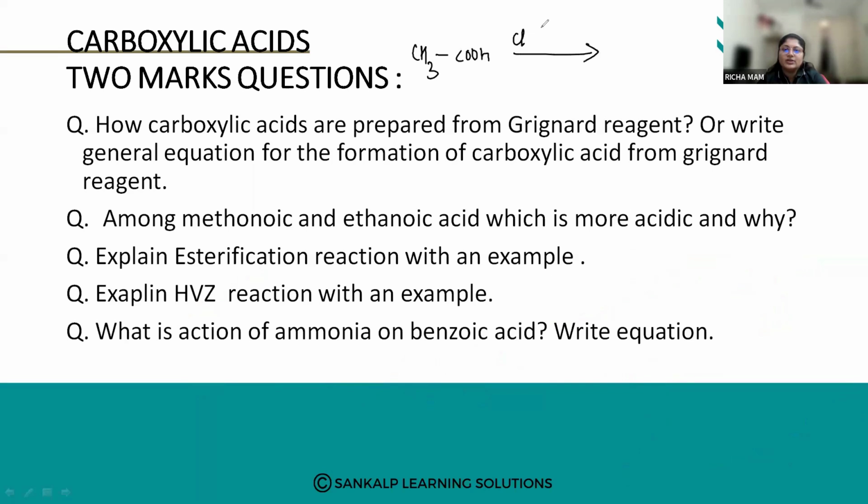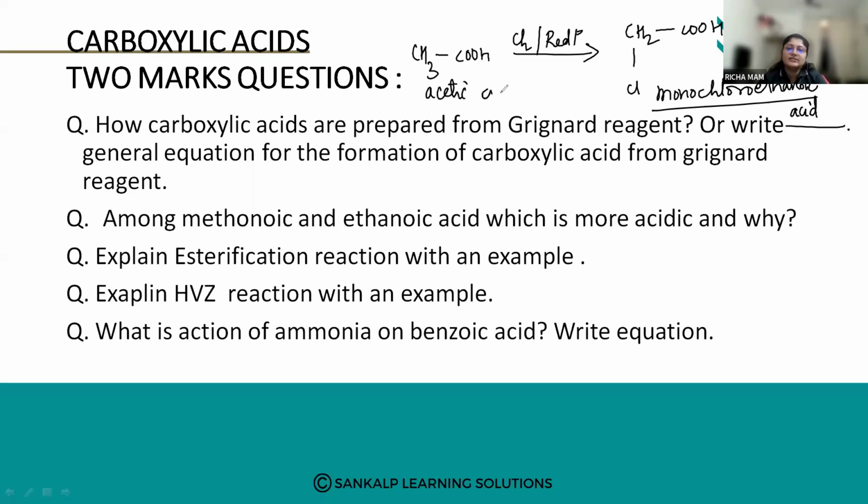On treatment with chlorine in the presence of red phosphorus, one of the hydrogens will be replaced by chlorine, and I'm going to get ClCH2COOH, monochloroethanoic acid. Got it? So this is your Hell-Volhard-Zelinsky reaction. Okay. Last question.